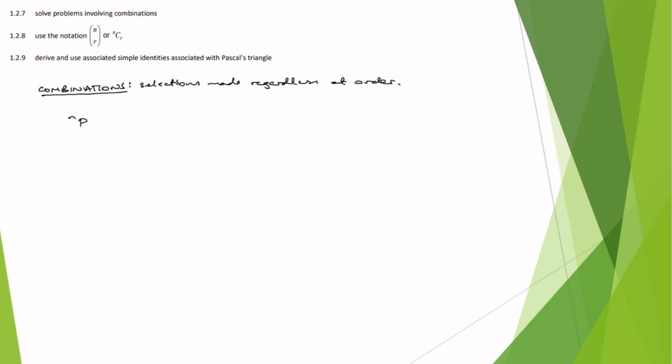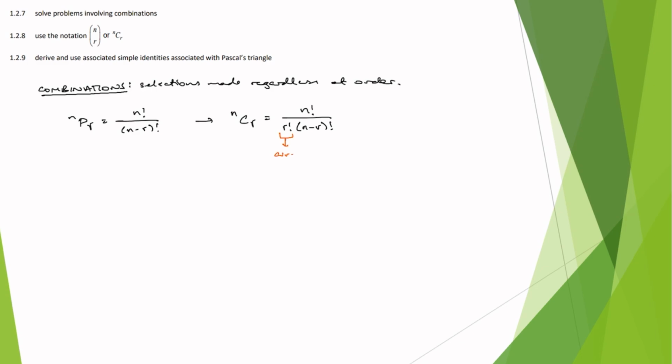And since we've introduced permutations as being n factorial divided by n minus r factorial, it'll be a bit easier to understand how we derive the combinations formula. N choose r is equal to n factorial over r factorial times n minus r factorial. So in this case, we can see that the only difference between the permutations formula and the combinations formula is that we divide by an r factorial.